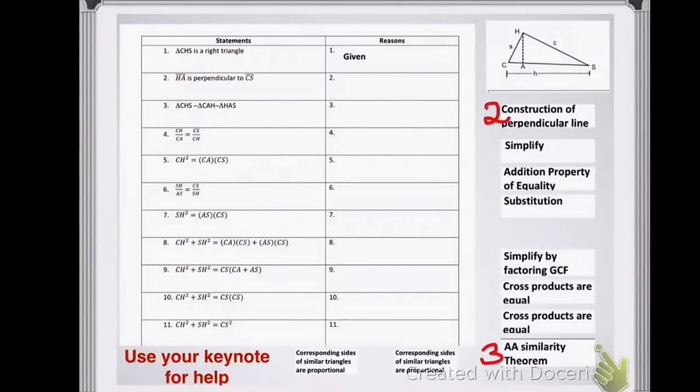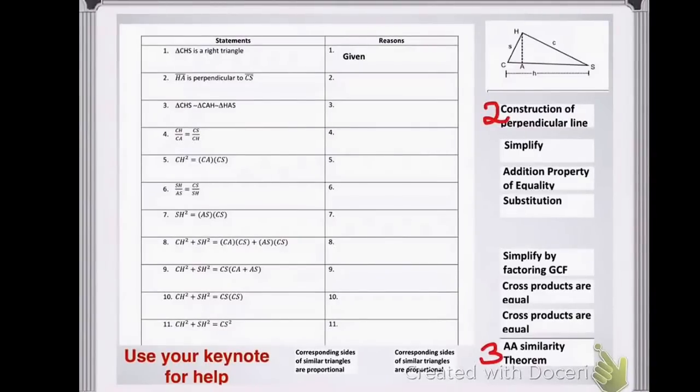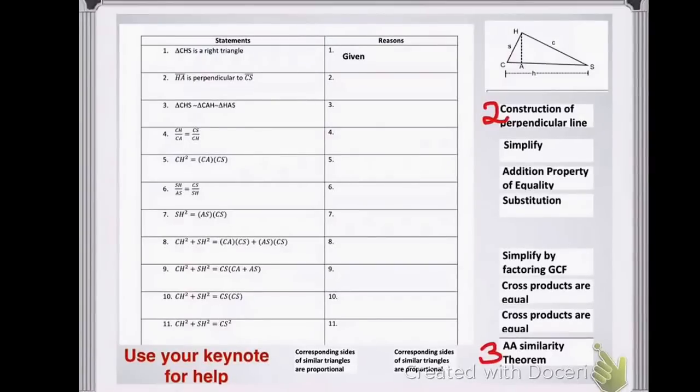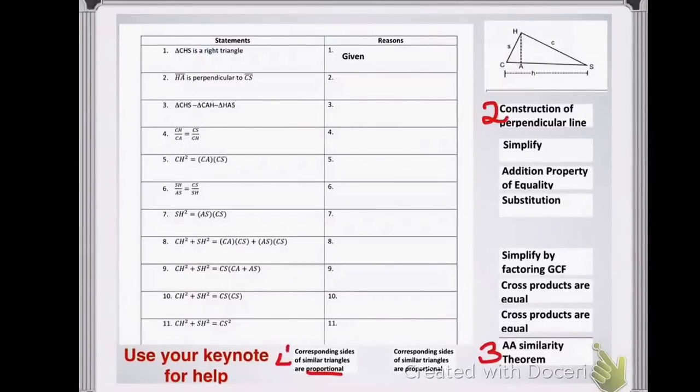CH over CA equals CS over CH. That is a proportion. So you want to say corresponding sides are proportional. Two equal fractions is a proportion. Number 5, CH squared.